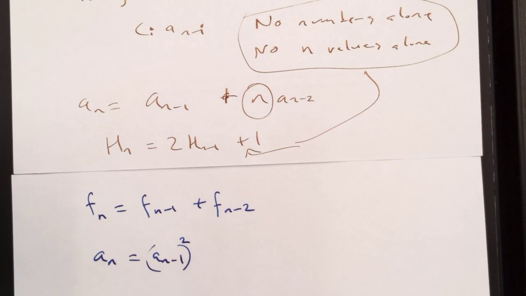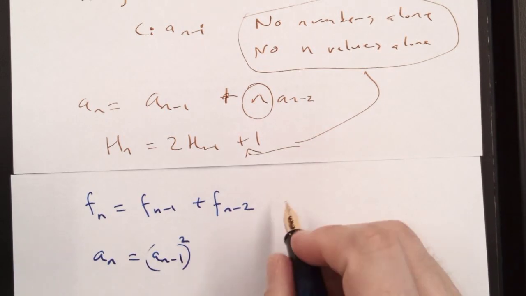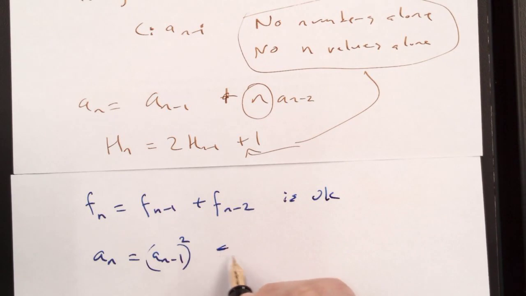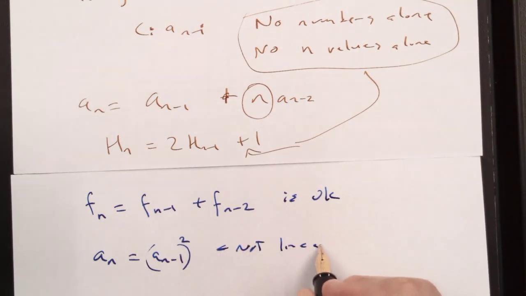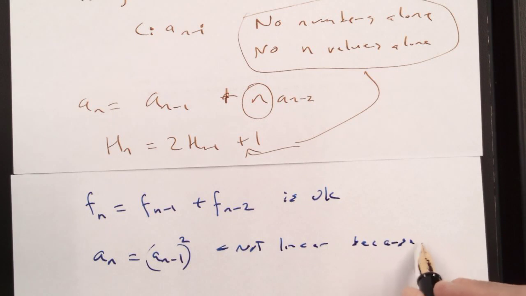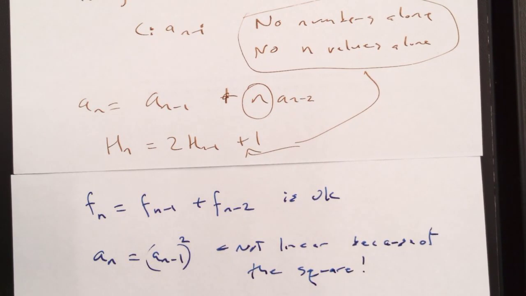There's a square in there. So I'm really looking at a very restrictive set of equations. I'm looking at equations that are linear, homogeneous, constant coefficients. Degree, depth, whatever. This one, for example, is degree 2.